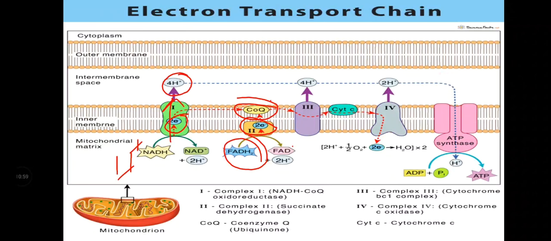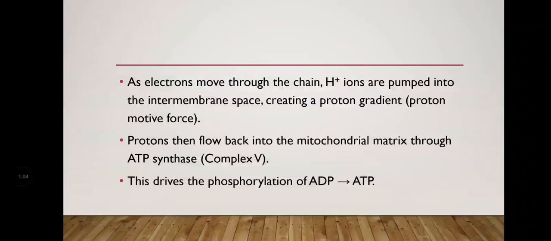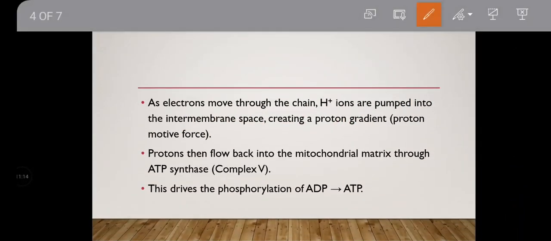So that is the electron transport chain. As the electrons are moving through, protons are pumped into the intermembrane space, creating a proton gradient or a proton motive force. And then protons flow back into the mitochondrial matrix through the ATP synthase, complex 5. And this is what drives the phosphorylation of what?